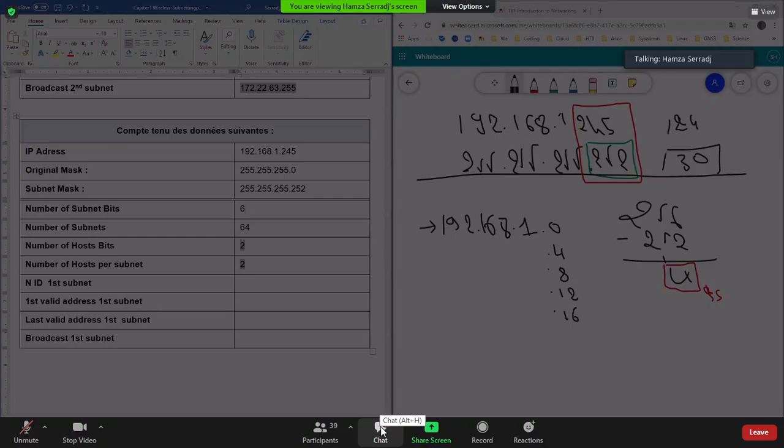Which kind of network can I use where I have just 2 valid addresses? In which situations am I going to need this? Come on, people, wake up.